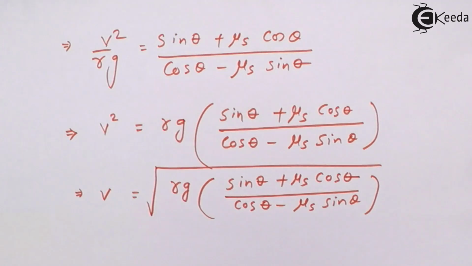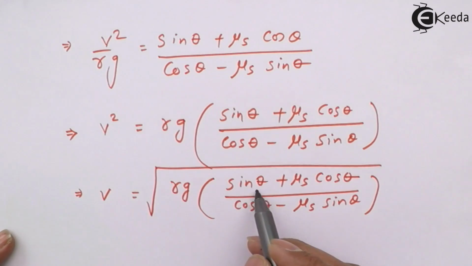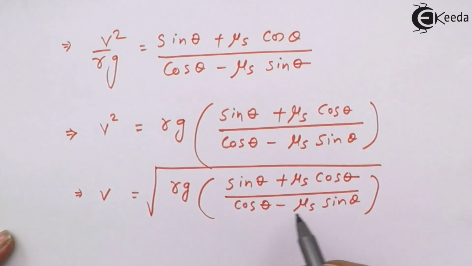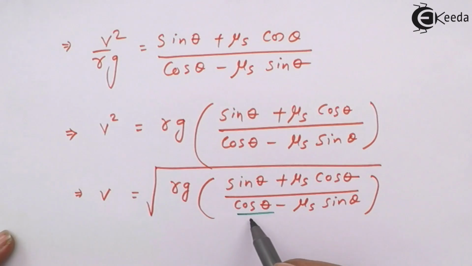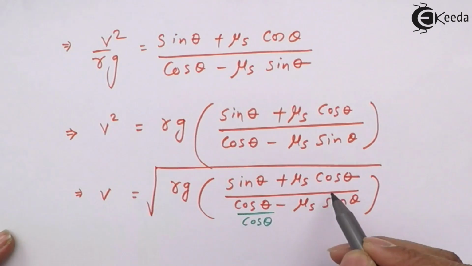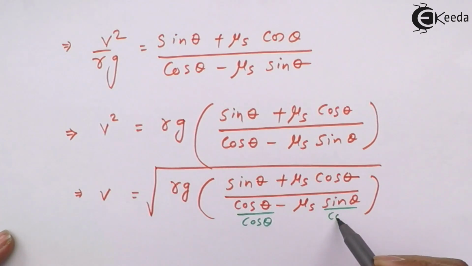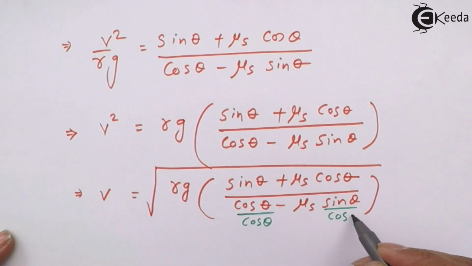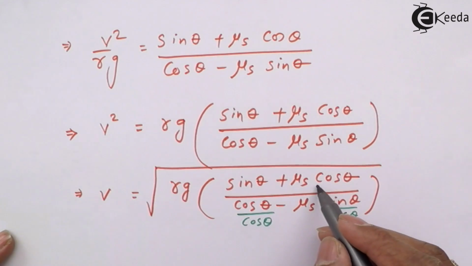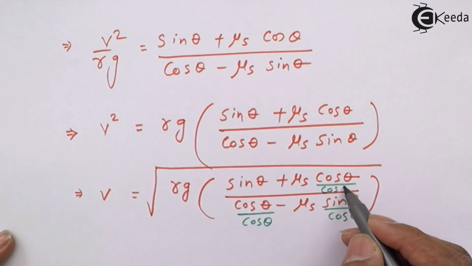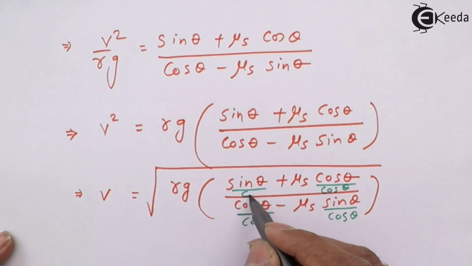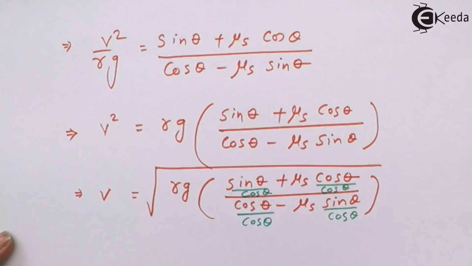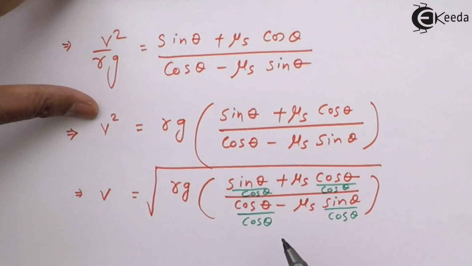That means I have to divide by cos theta here, here, here, and here. So by dividing cos theta in each term of the numerator and denominator, we are getting this.